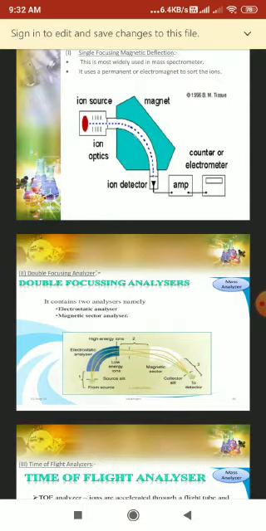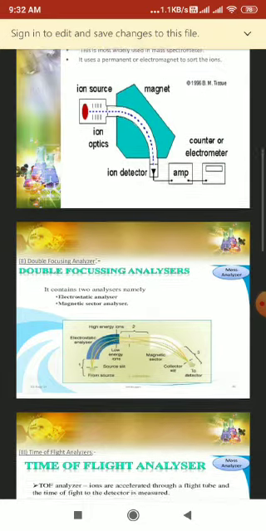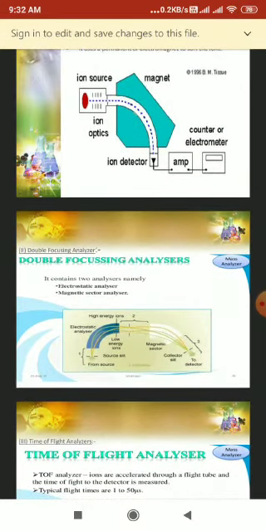Thus, the single focusing analyzer fails to discriminate between small mass differences because of small variation in kinetic energy. To achieve better focusing, energy has to be reduced before ions are allowed to enter the magnetic field, and increased resolving power can be obtained by using two mass analyzers in series.